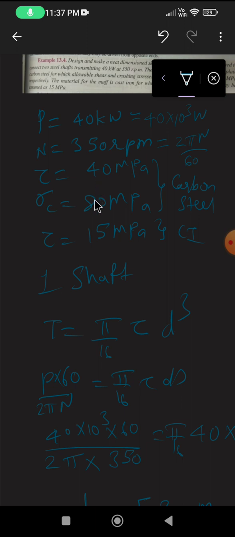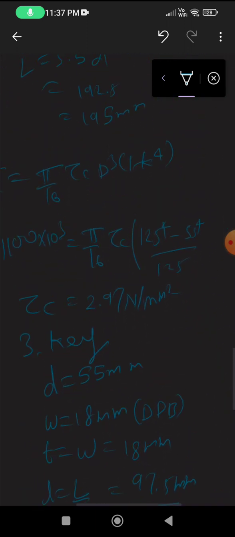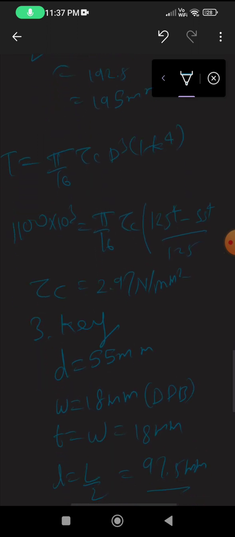Therefore, as it is double, we will use the square key. So the thickness will be equal to the width, 18 mm. Now the length of the key in each shaft will be L by 2, that is 195 divided by 2, which is 97.5 mm.